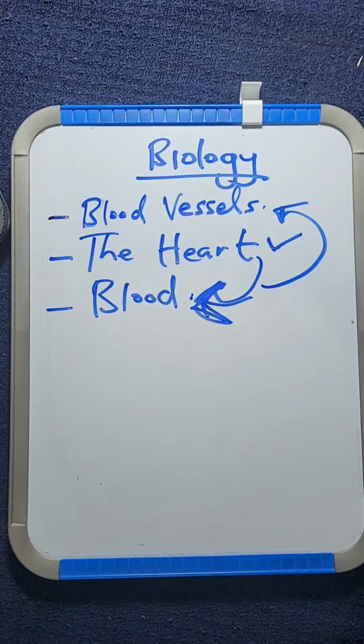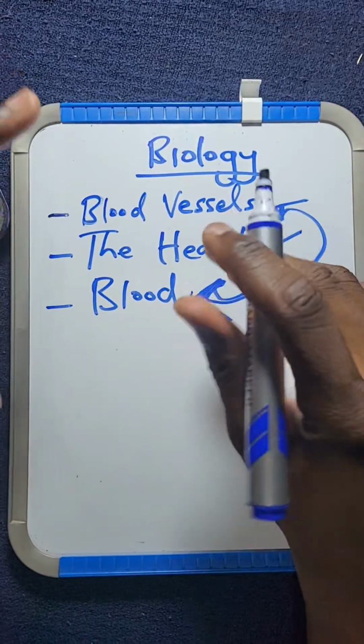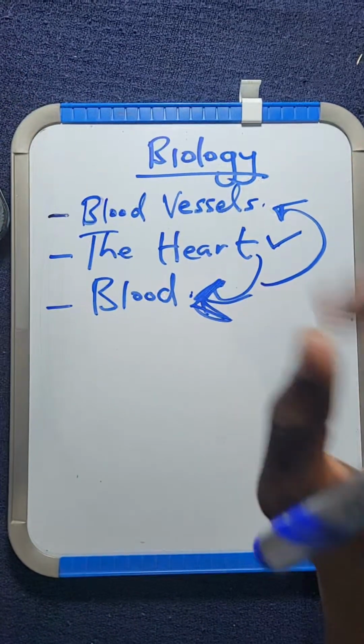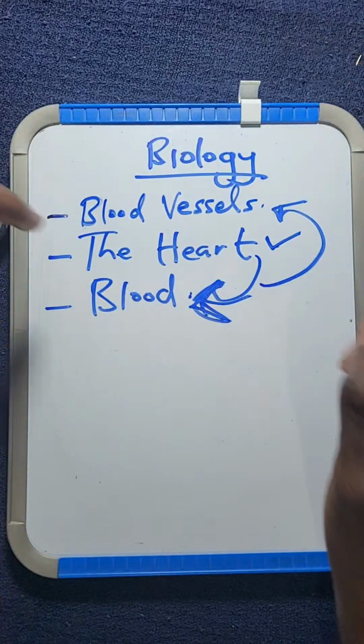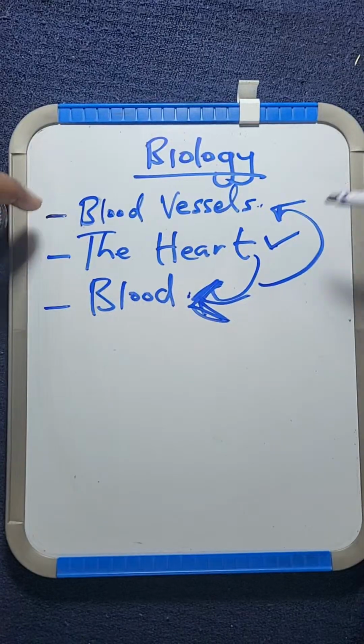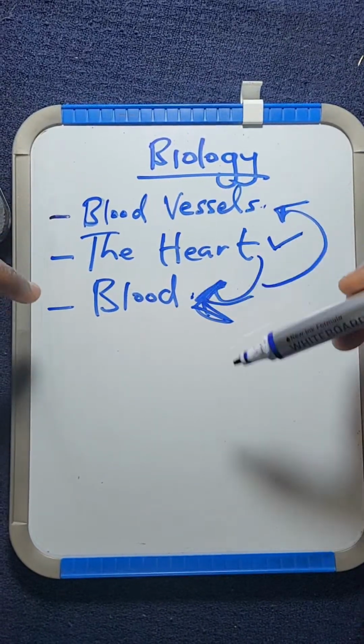Through blood vessels. So the heart works in this way. It will pump blood because it's a muscle, so it contracts to pump blood, and this blood is pumped to all parts of the body through blood vessels. So these are the ones that are used for blood to pass through.